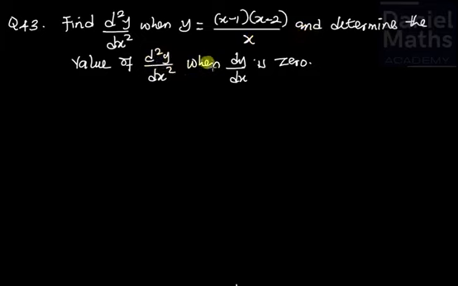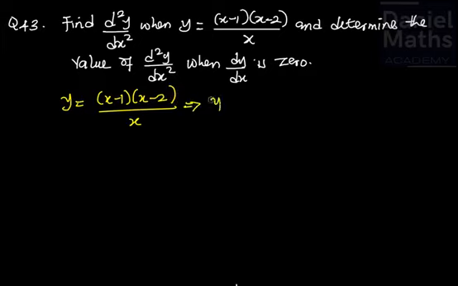If we have this, I'm going to expand it: y is equal to (x minus 1)(x minus 2), all over x. Let me quickly expand these two terms so we can see how it is done. Please take note: x minus 1 and x minus 2.